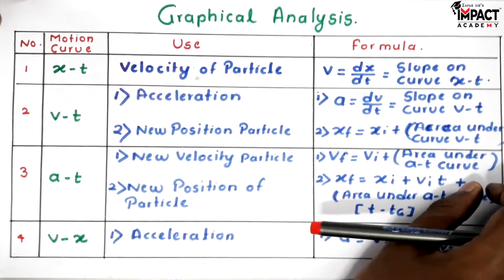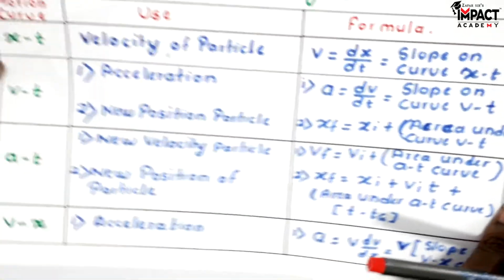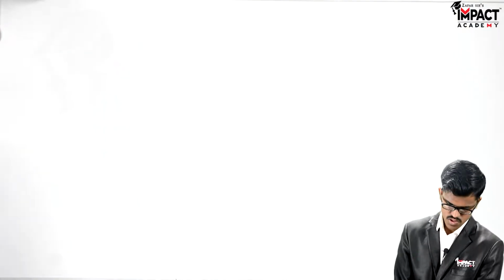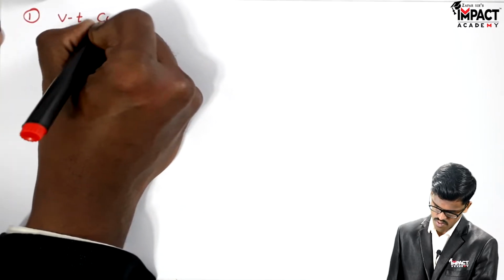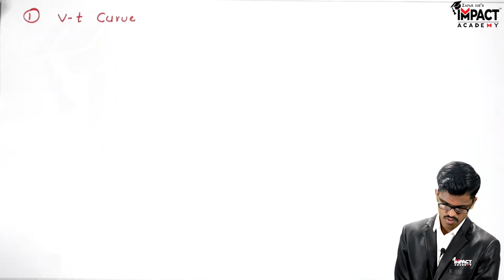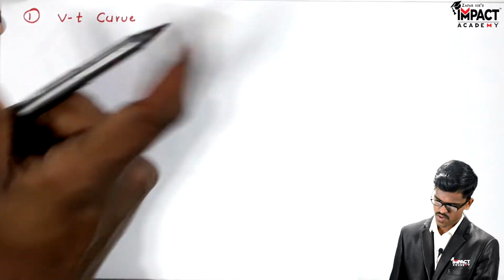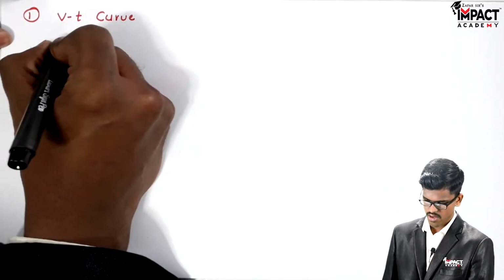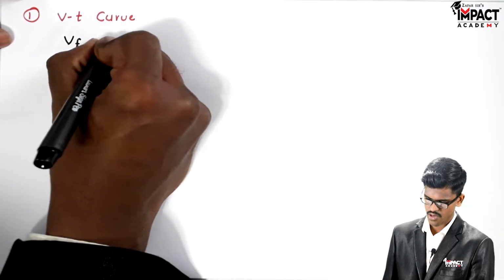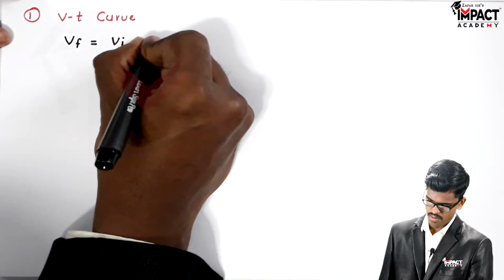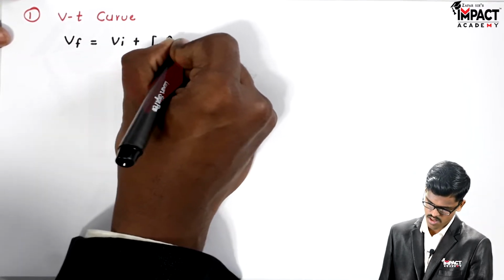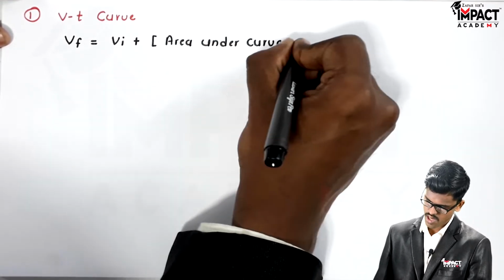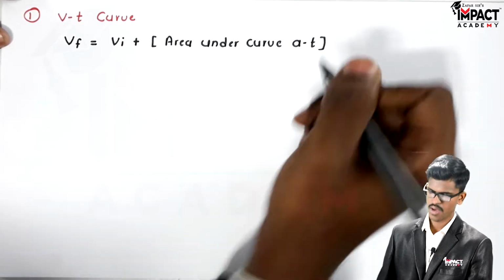So start with the solution. We first construct the VT curve. For the VT curve we have the formula to find the new velocity of the particle: Vf is equal to Vi plus area under the AT curve.